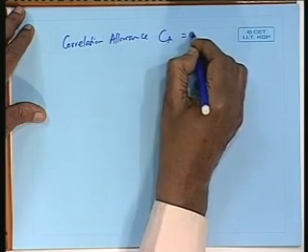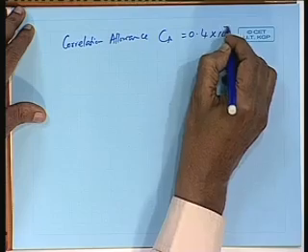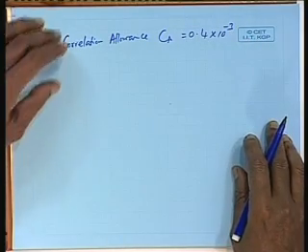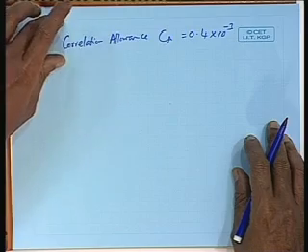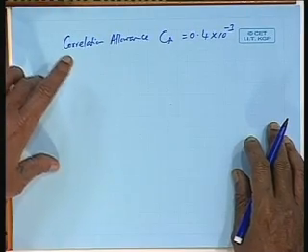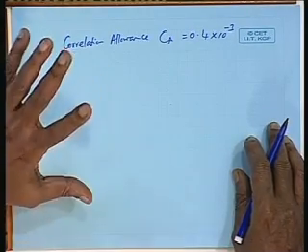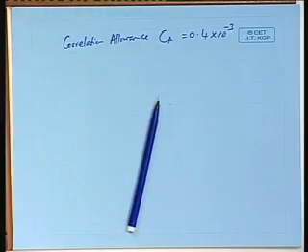CA equal to 0.4 into 10 to the power minus 3. This is the standard recommended by ITTC, but ITTC in 1978 has updated it. We will see that later. You can imagine that if the ship is very long, you have a CA of 0.4 in 10 to the power minus 3, also if a ship is very short. But you can imagine that roughness will play more role in a shorter ship than in a longer ship.